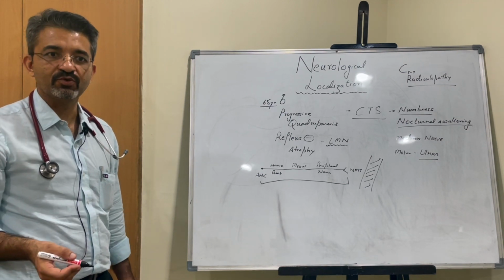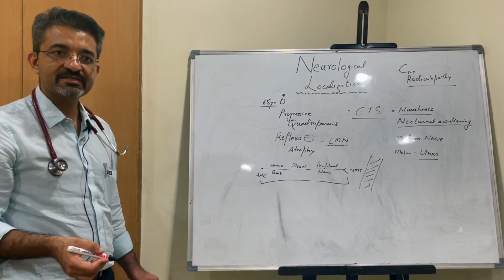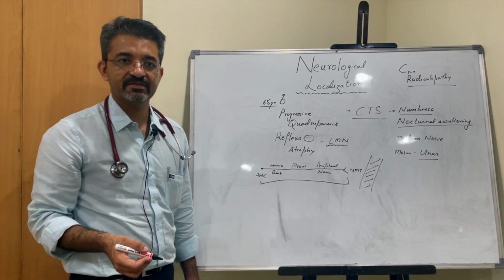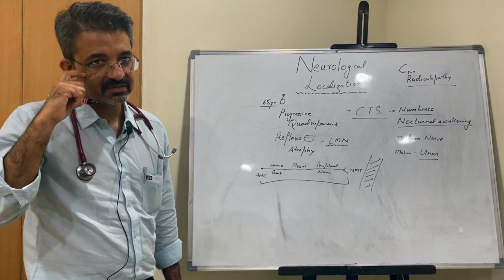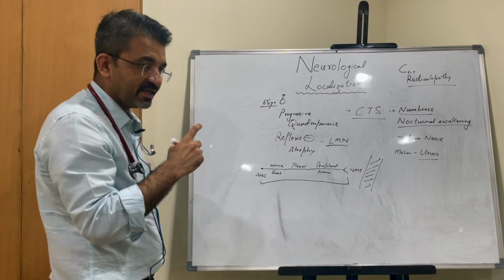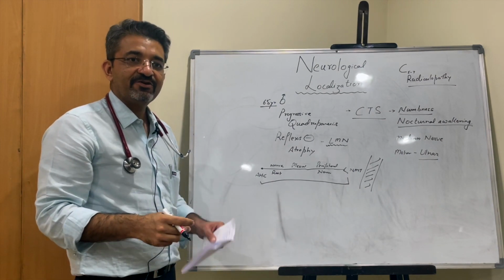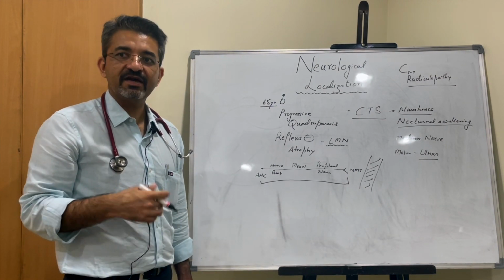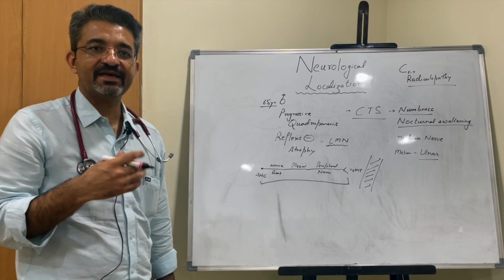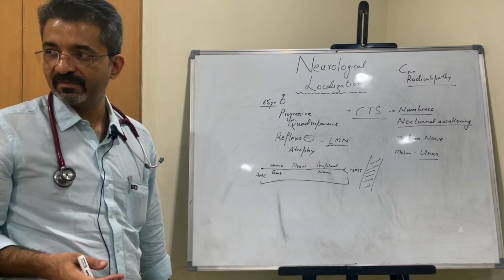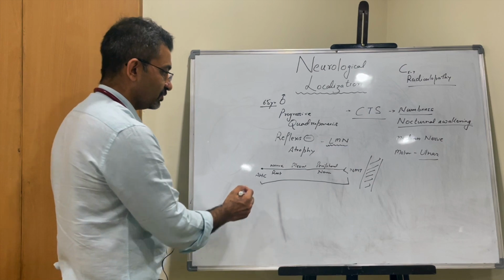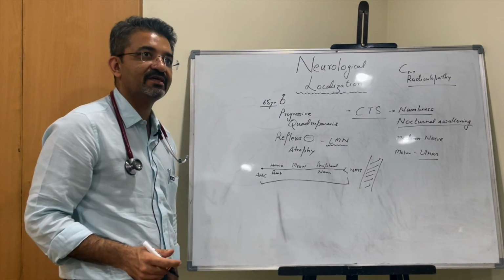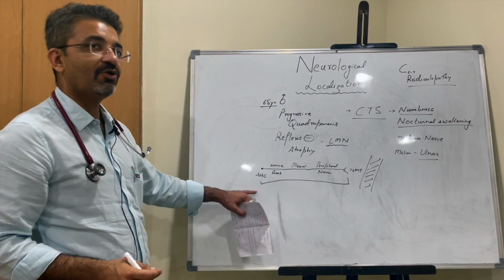Again, the sensations will be entirely intact. You will have lots of fasciculations. It can be amyotrophic lateral sclerosis, ALS, an early case wherein you are having just LMN features. You don't have UMN features. So early amyotrophic lateral sclerosis can present with anterior horn cell involvement.